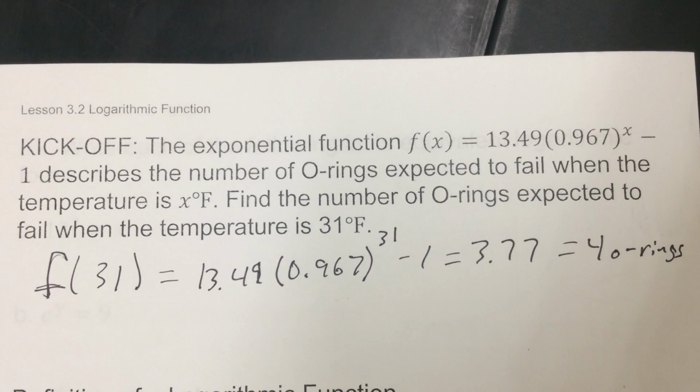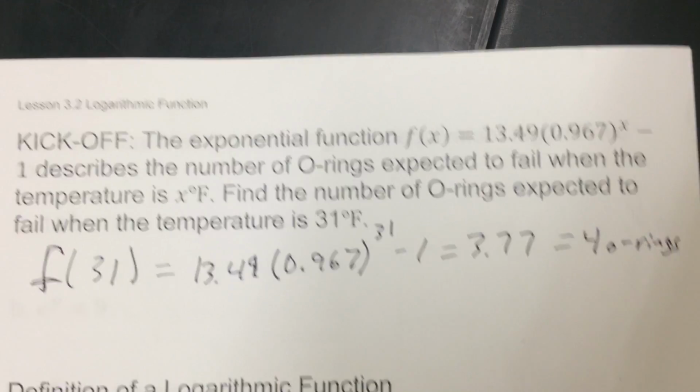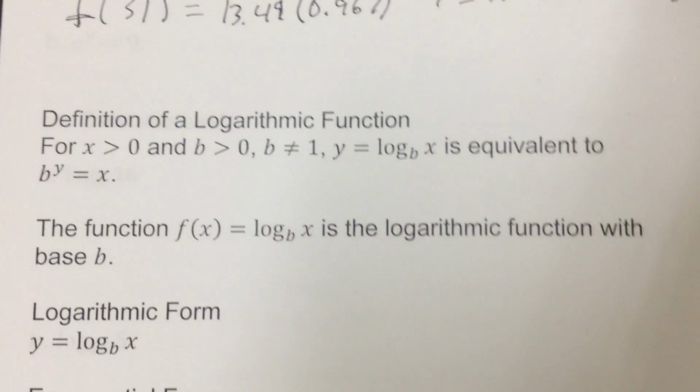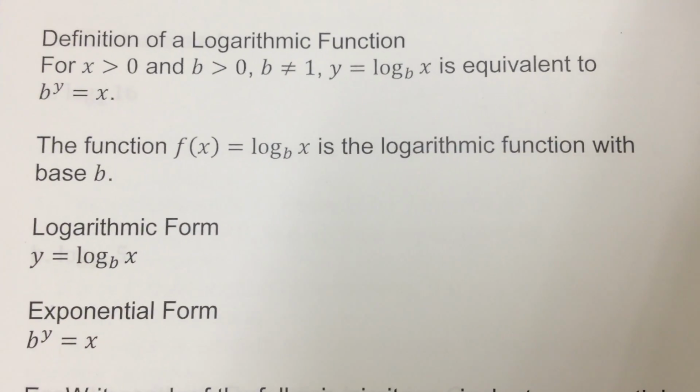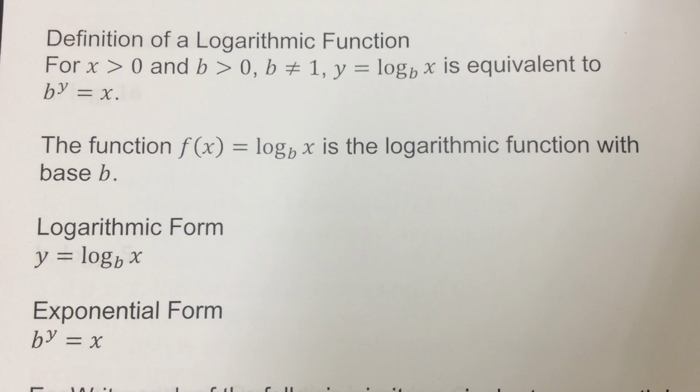So that was exponential. So there we had the exponent as the variable, and the base and the actual number. But we're going to shift now to logarithmic functions. And so here's the definition of a logarithmic function. It's going to be in the form of y equals log base b of x, which is equivalent to b to the y equals x.